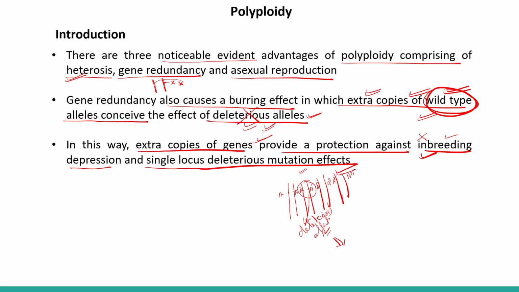These are all alleles of the one gene, that is A, on the different sets of chromosomes. Now the A dash dash and A dash dash dash will mask the effect of this deleterious allele because they are wild type.